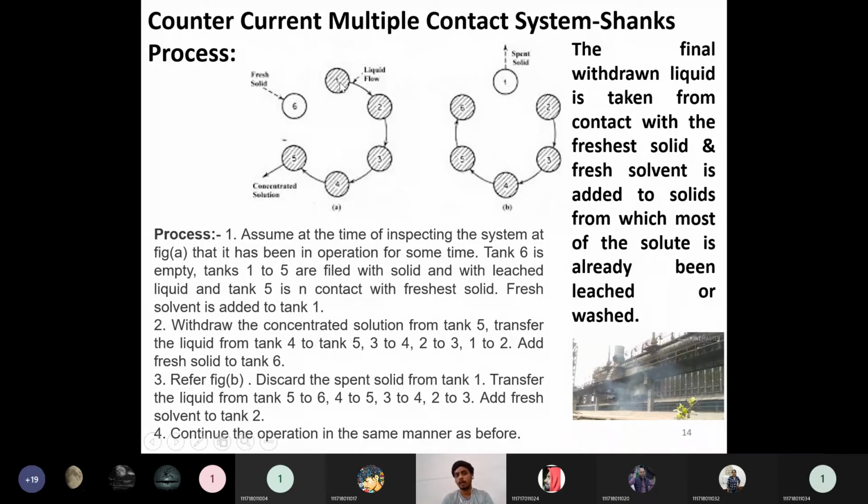So the leaching capability of this solvent is enhanced, and the final leached solution is called the concentrated solution. The maximum amount of soluble matter will be present inside this concentrated solution.